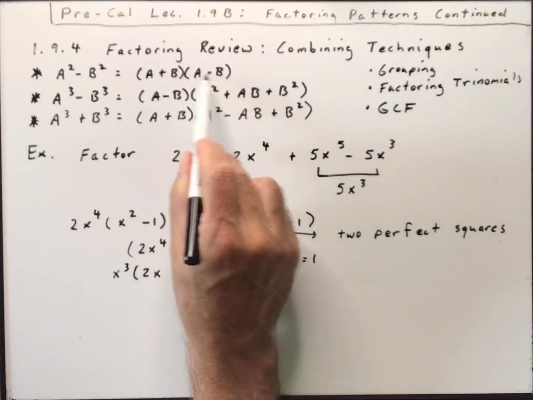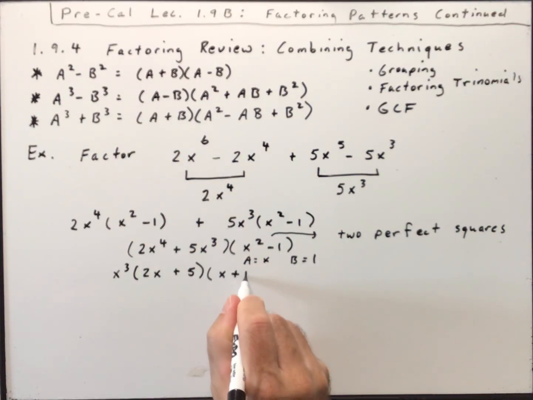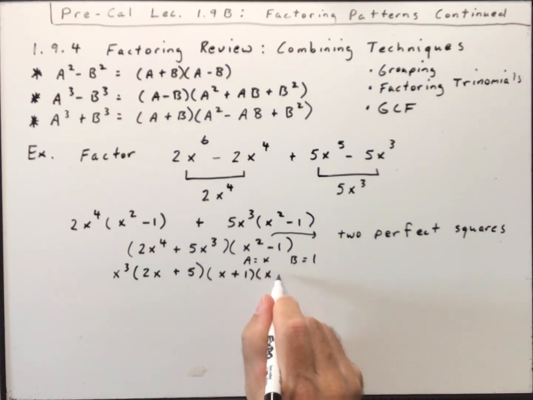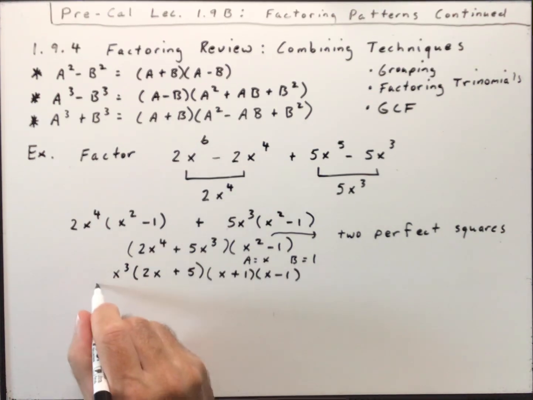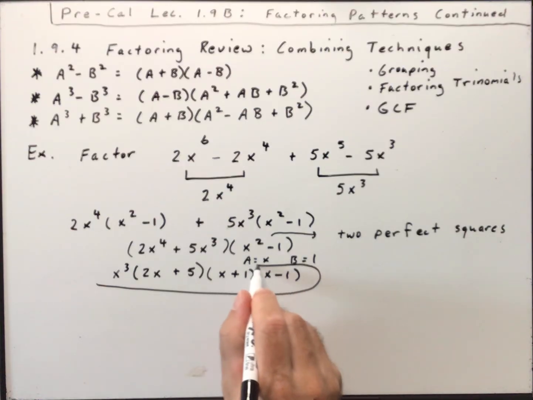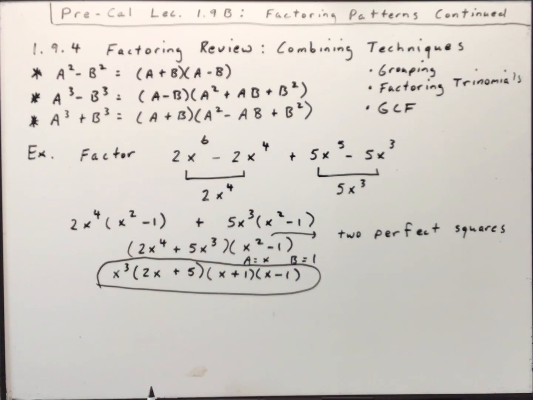Well, it's a plus b times a minus b. So that's going to be x plus 1 times x minus 1. That last part can get you if you forget to notice that that's the difference of two perfect squares. All right, so outstanding.